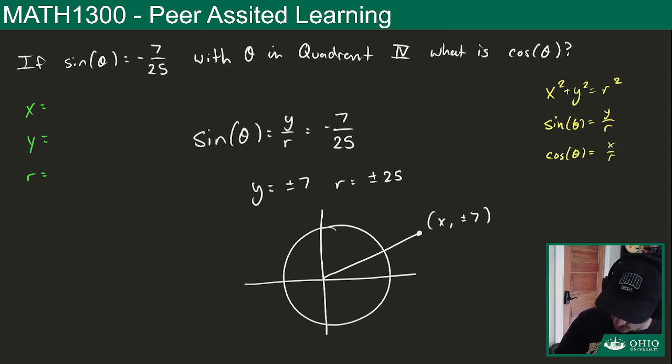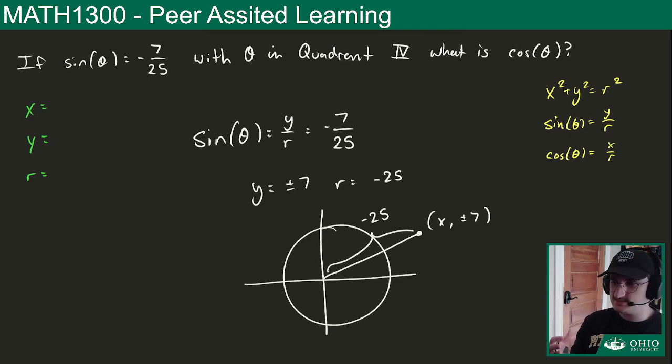If I said that r was -25, that would imply that the distance to that point is a negative value, and that doesn't really make sense. Distance can't be negative. It has to be a positive value. So we can assume that our 7 is going to be the one that gets the negative sign, right? So we can make the assumption with full confidence that r is 25 and that y is going to be the value that gets that negative sign from that 7.